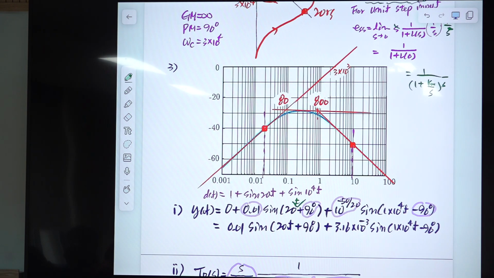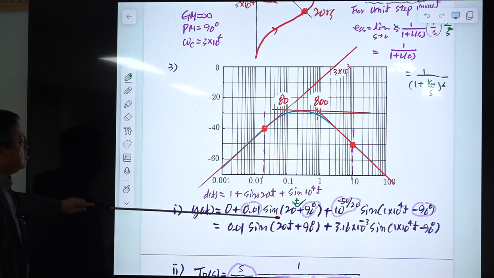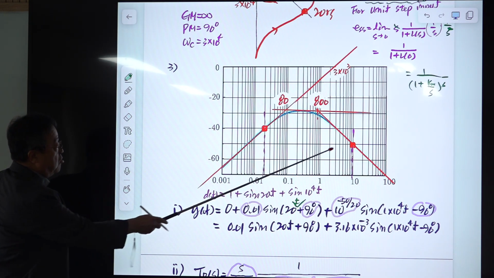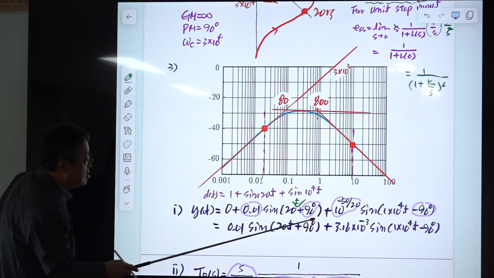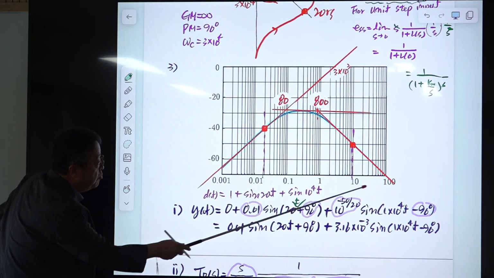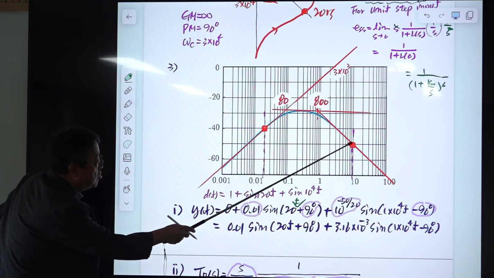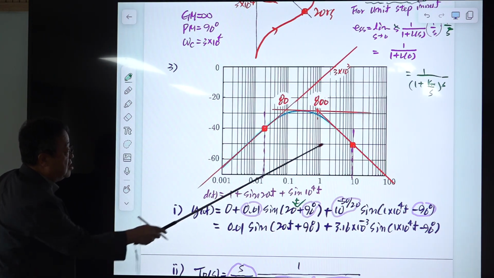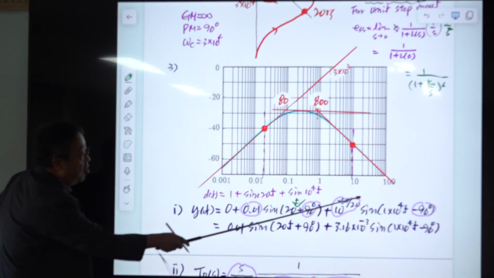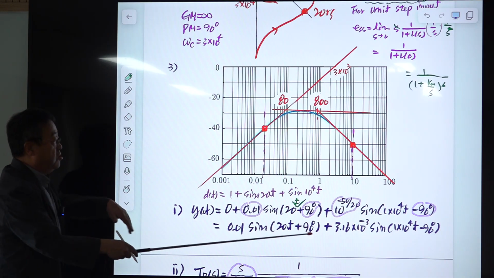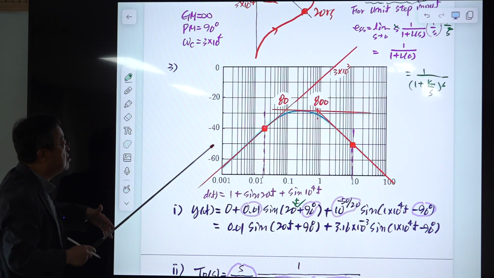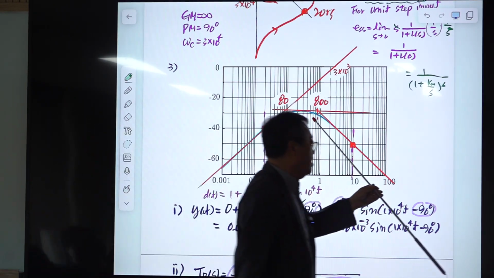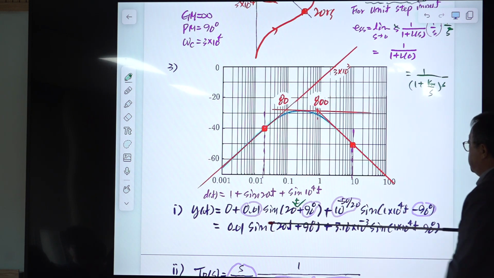So this is the output response to this input, and for this input you need to take a look at this point, because this is 10 kilo something. Take a look at this point, and the value is 1. So this is attenuated by this number. This is just the linear scale of minus 50 dB, and the phase is minus 90 degrees.